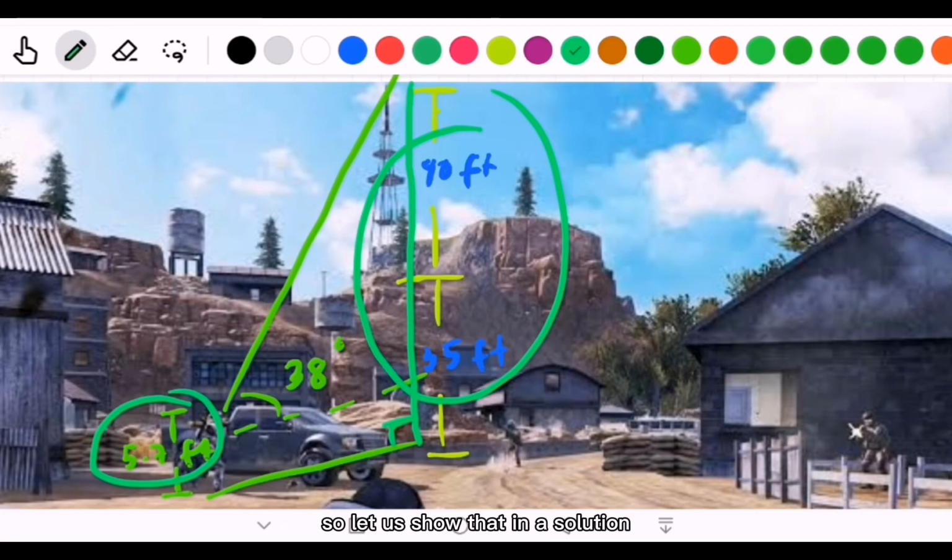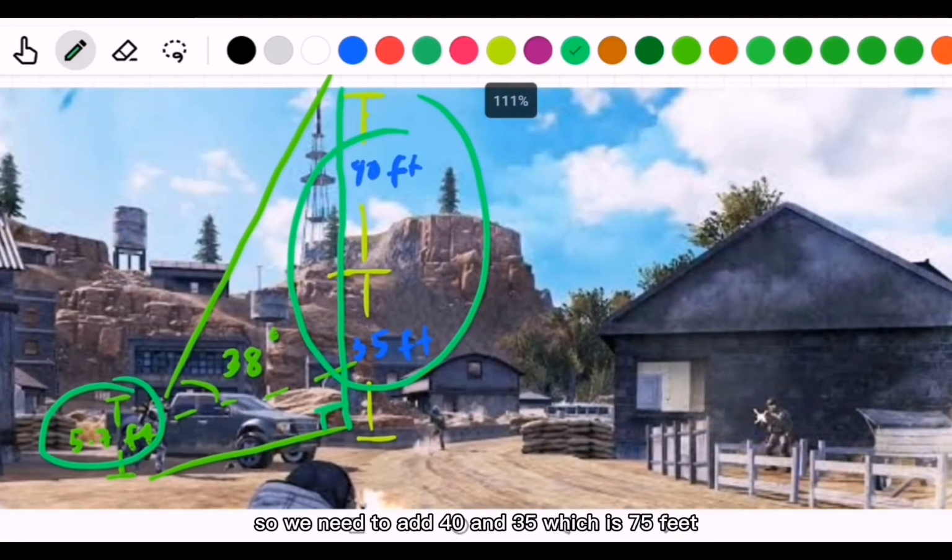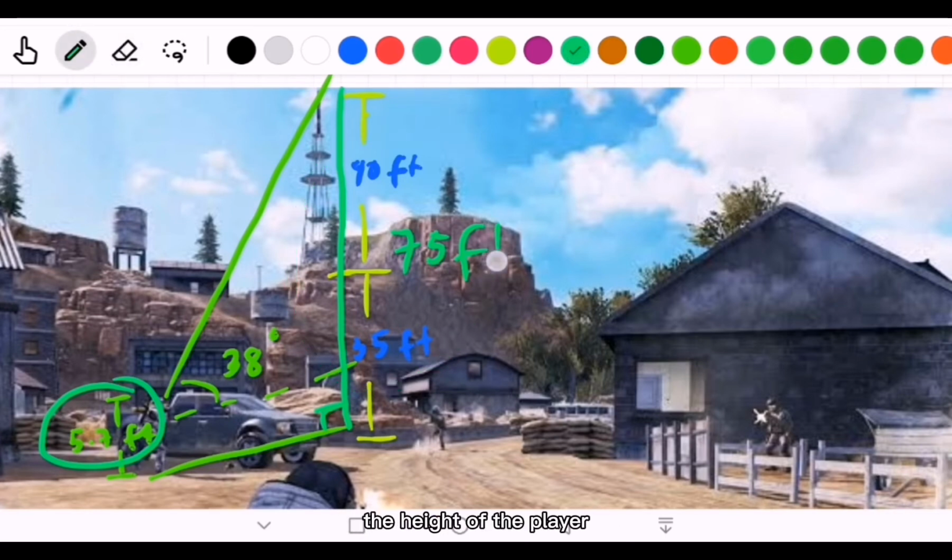So let us show that in a solution. We need to add 40 and 35, which is 75 feet, but we also need to consider the height of the player. So we need to subtract 5.7 feet.